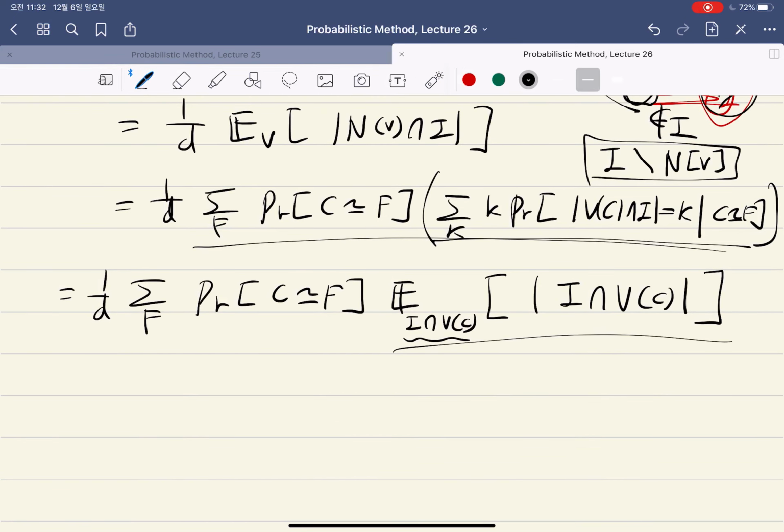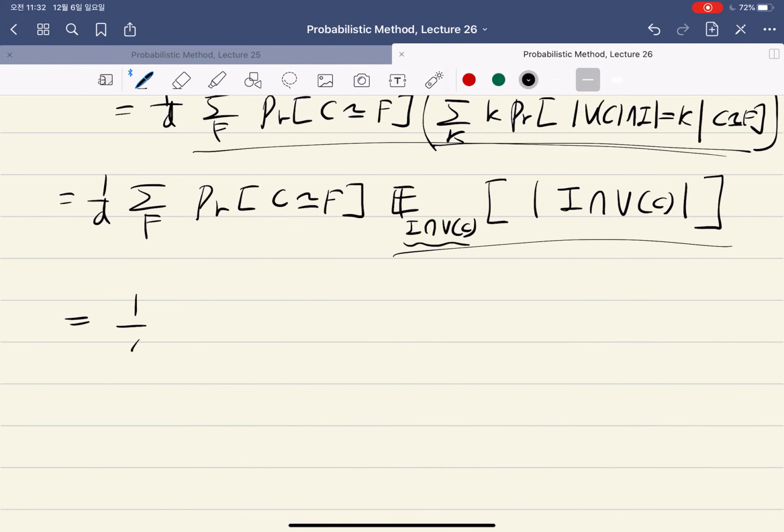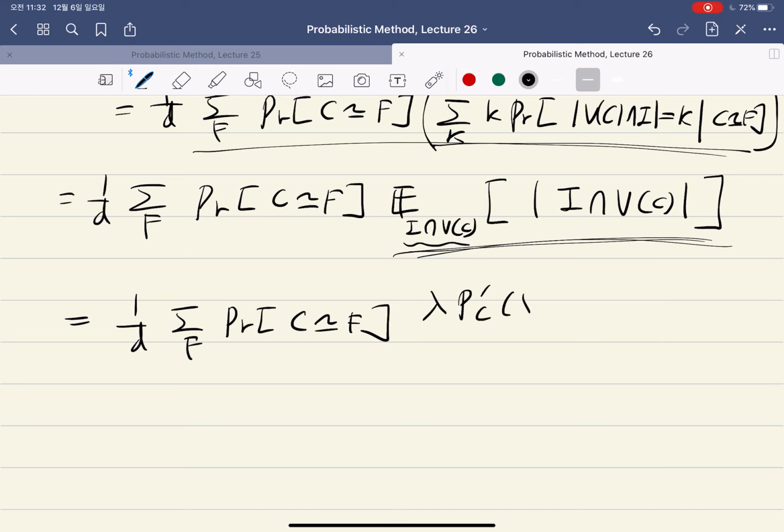Then what does this become? This becomes, again, in graph C, we choose an independent set according to the hardcore model.